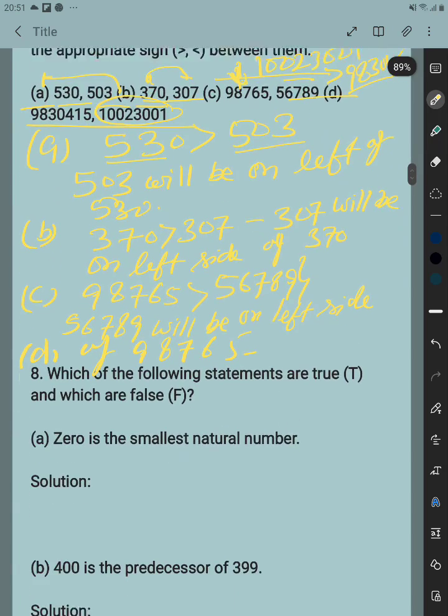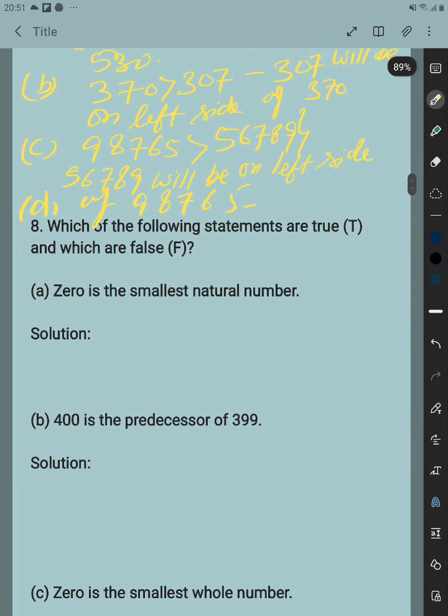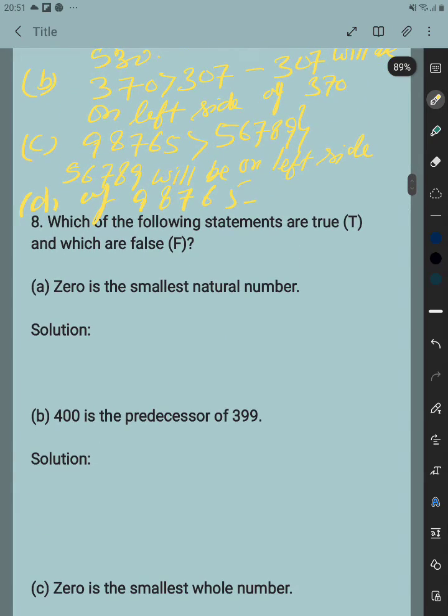So now we are going to question number 8, which is: which of the following statements are true and which one is false? Here we need to write true or false. What is the first question? 0 is the smallest natural number. So is it true or false? This is false.